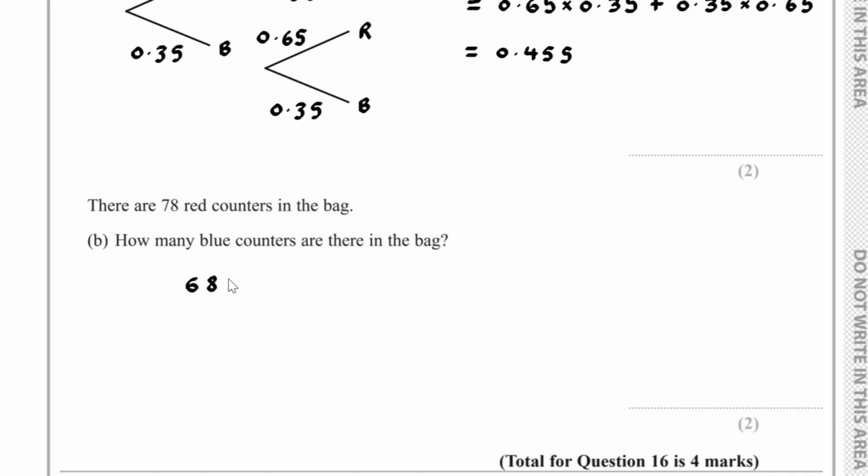So 65% would represent the 78 counters. And what we ultimately want to do is find out what 35% is equal to. That's the probability of blue.